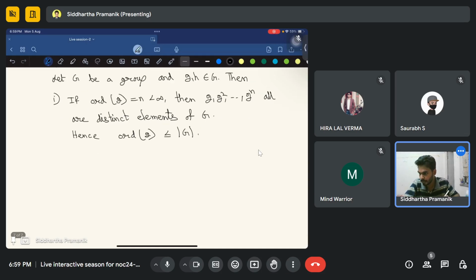So let me write down the second one. Order of g is always equal to the order of its inverse. It may be infinite, may be finite, but in both cases they should be equal.